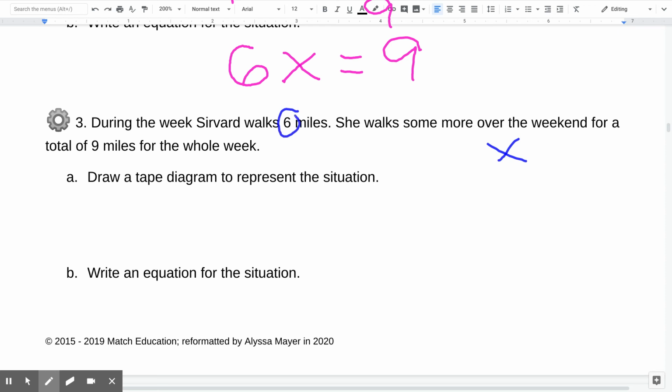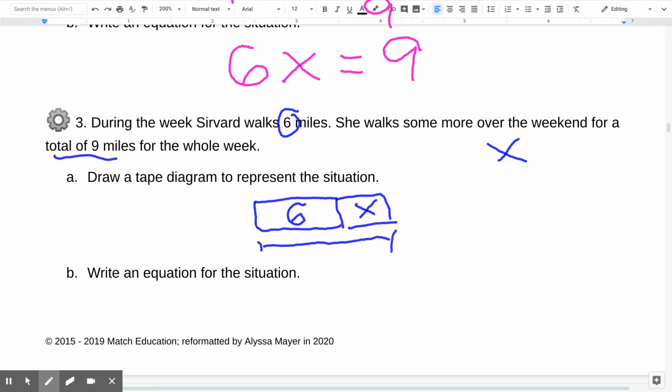So I have the 6 here, I'm going to call that x, and it's a total of 9 miles. So I have one section of a box that is 6, one unknown section that is x, and the total here is 9 miles. So my equation could be 6 plus x equals 9.